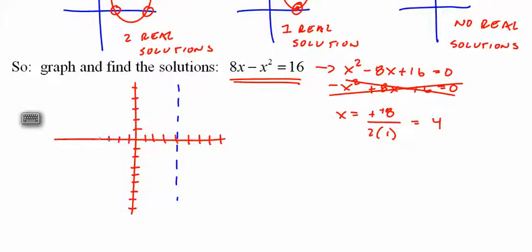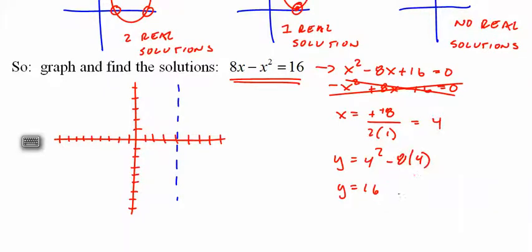Plug it back in. We get 4 squared equals 16. Minus 8 times 4 is minus 32, plus 16. In this case, that's going to equal 0. So we're at 4, 0.